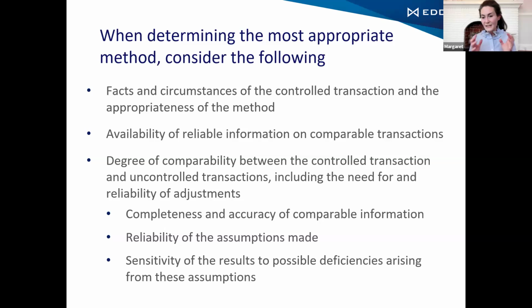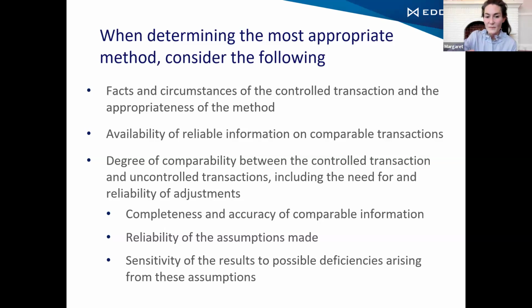If I'm making an adjustment and it really changes the results, I might think that adjustment may or may not be correct. Every time I make an adjustment and it changes my interquartile range, or any of the PLIs I'm using, if it changes it very much, I go back and think, okay, maybe that company wasn't actually comparable to start with.